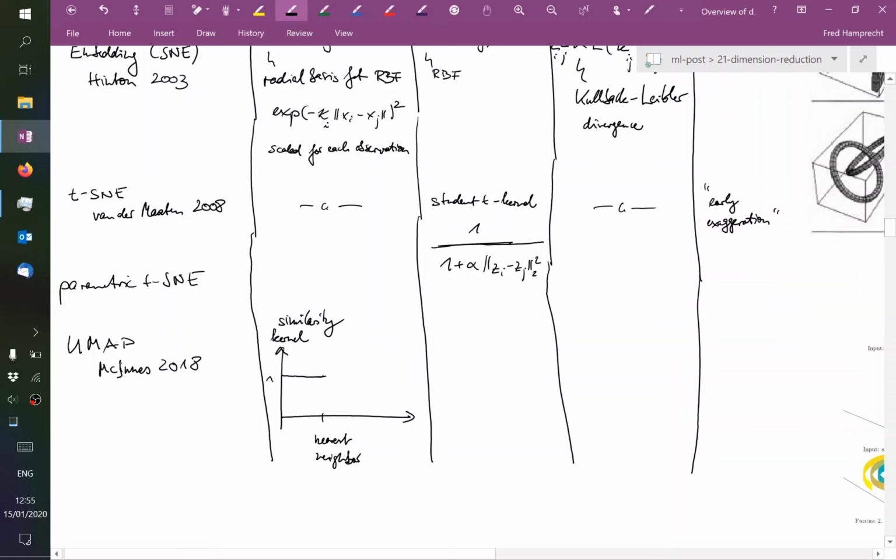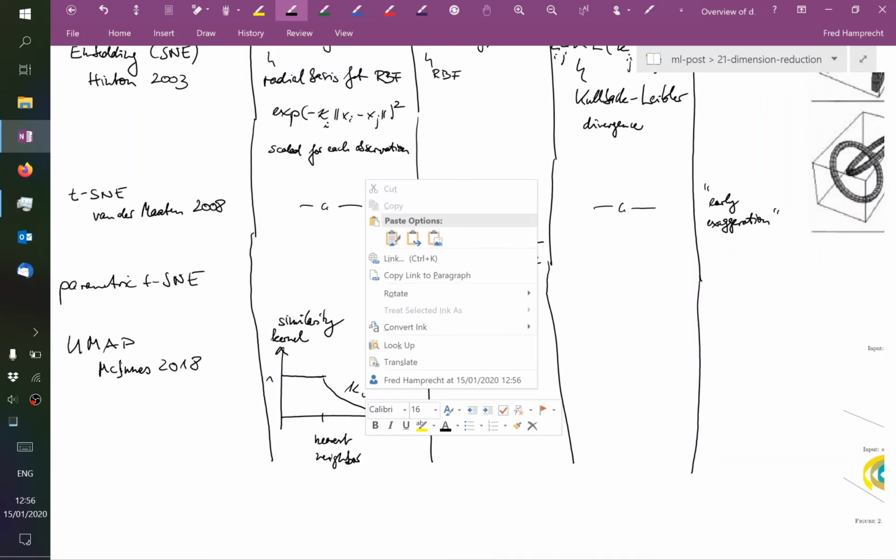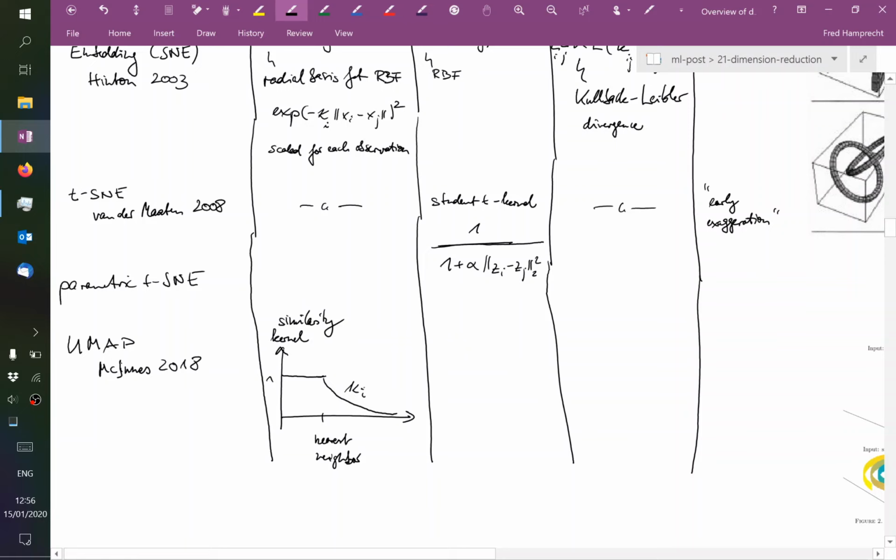And of course, how far that nearest neighbor is away is different for each point. And it then starts decaying exponentially with some parameter kappa i that, just like in stochastic neighbor embedding, is found separately for each observation. So again, in low density regions this falls off more slowly, and in high density regions this falls off faster. And the density, again, is estimated in terms of the distance of the so-and-so manyth nearest neighbor.